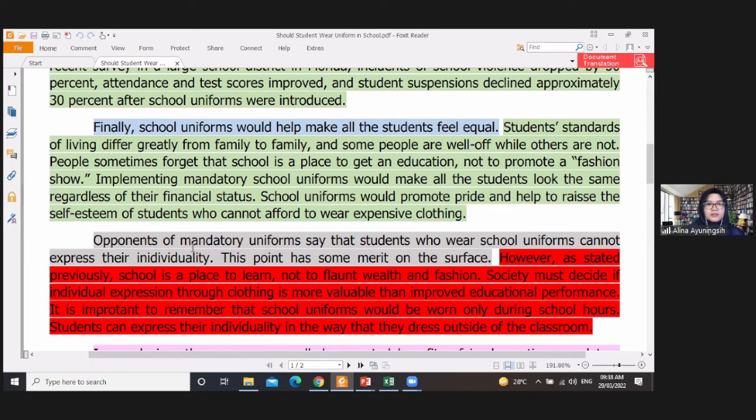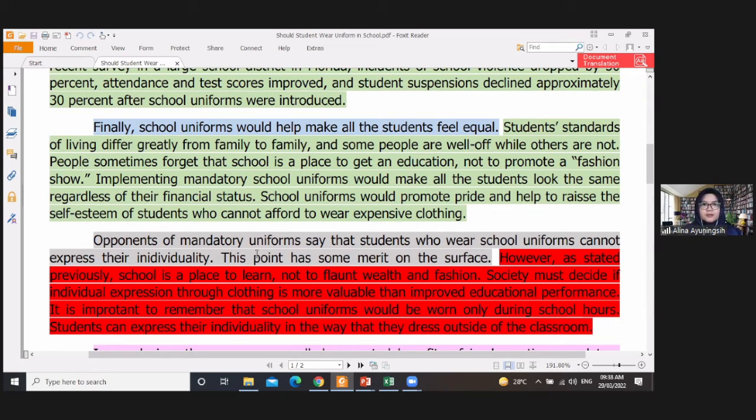So it seems like the student who wrote this argumentative essay says, oh, okay, I agree with the opponents or the rival idea, by saying opponents of mandatory uniforms say that students who wear school uniforms cannot express their individuality. And like, oh yeah, I agree that students cannot express their individuality.